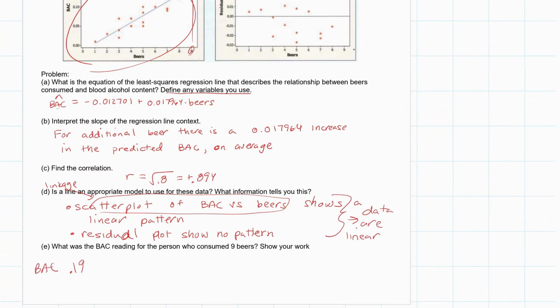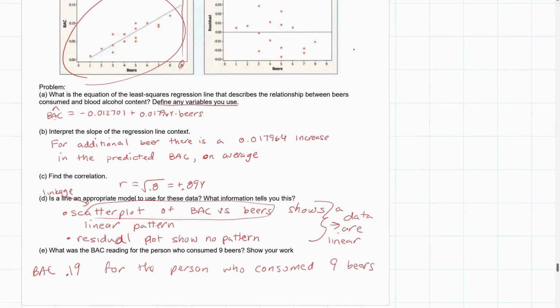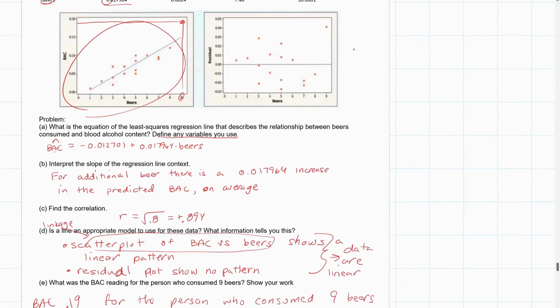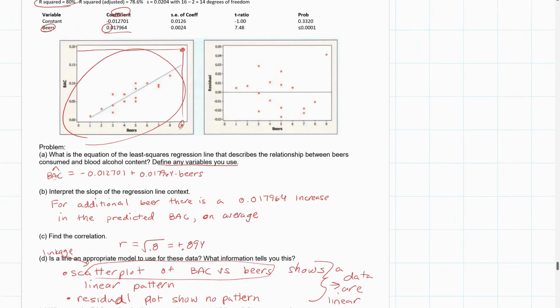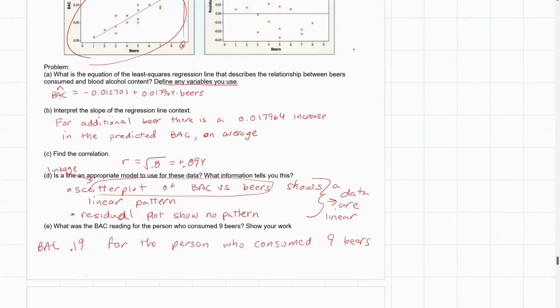So the BAC is 0.19 for the person who consumed 9 beers. Notice it didn't ask for the predicted BAC. It asked what was the BAC for the person. And it ends up being right around 0.19.